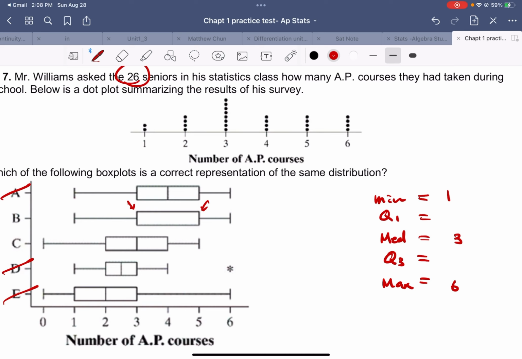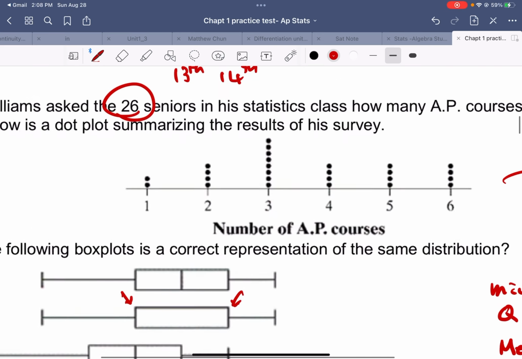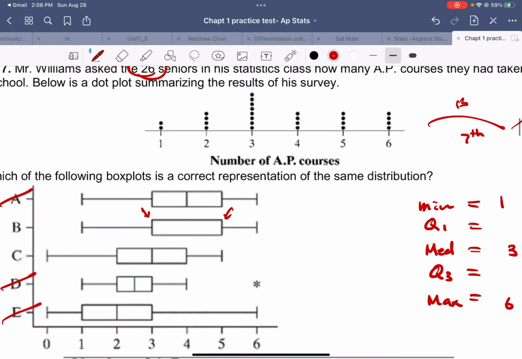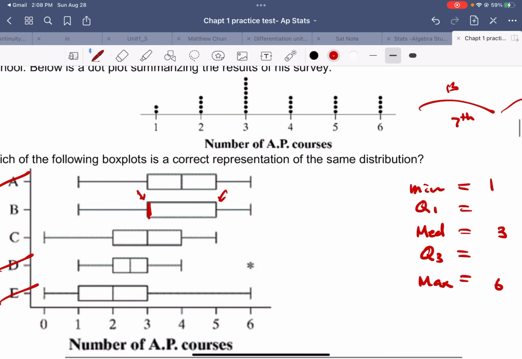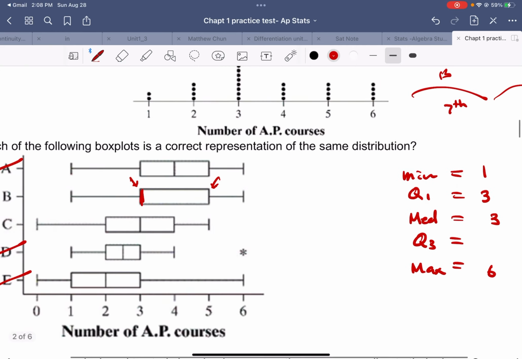And then you have 13 data on each side. So the 7th one is the first quartile. So let's see, the 7th one. 1, 2, 3, 4, 5, 6, 7. The 7th is a 3. That's why we couldn't see another line. So the first quartile is 3.